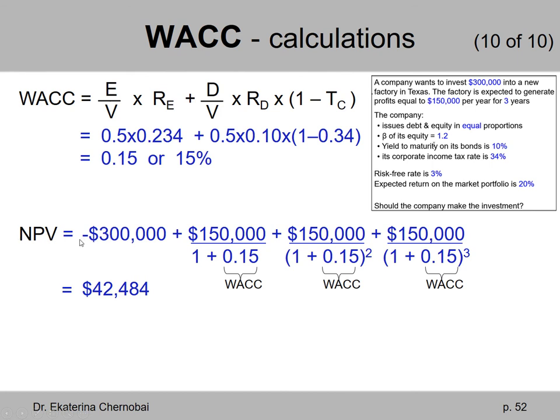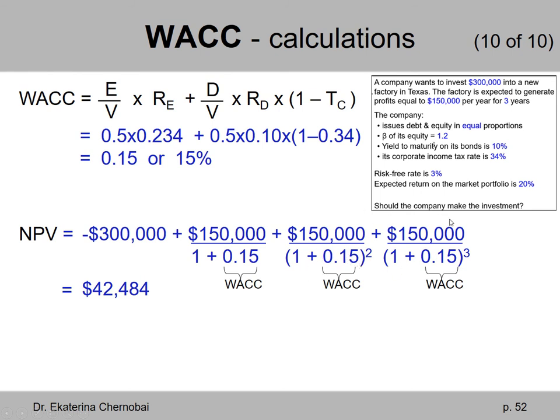The net present value equals minus the initial investment, minus $300,000, plus the first year's cash flow, $150,000, discounted back by 1 year, so divided by 1 plus 0.15, the WACC. Then we add the discounted second year's estimated cash flow, $150,000 divided by 1 plus 0.15 squared.